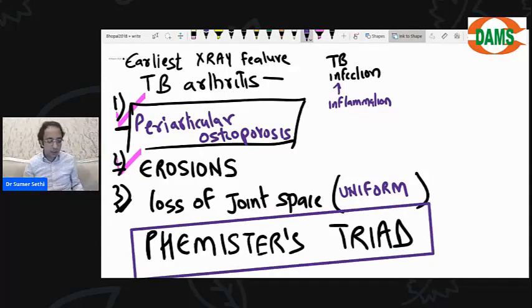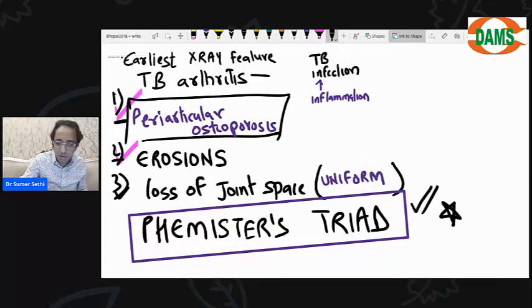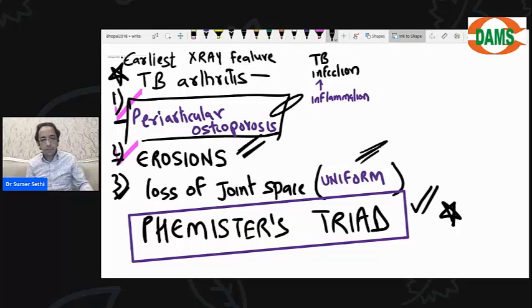Because we were going in an understanding manner, we could predict what Phemister predicted many years back. Now you have become better than Phemister. Phemister's triad is seen in tubercular arthritis. It only means periarticular osteoporosis, erosions, loss of joint space.